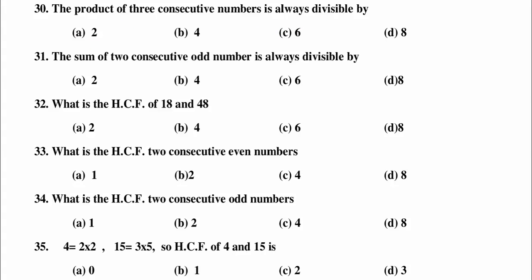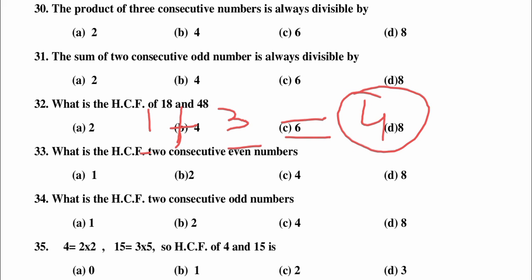Question number 31. The sum of two consecutive odd numbers is always divisible by dash. So first we take two consecutive odd numbers, for example 1 and 3. The addition of these two consecutive odd numbers, 1 and 3, is 4, and this 4 is divisible by what?